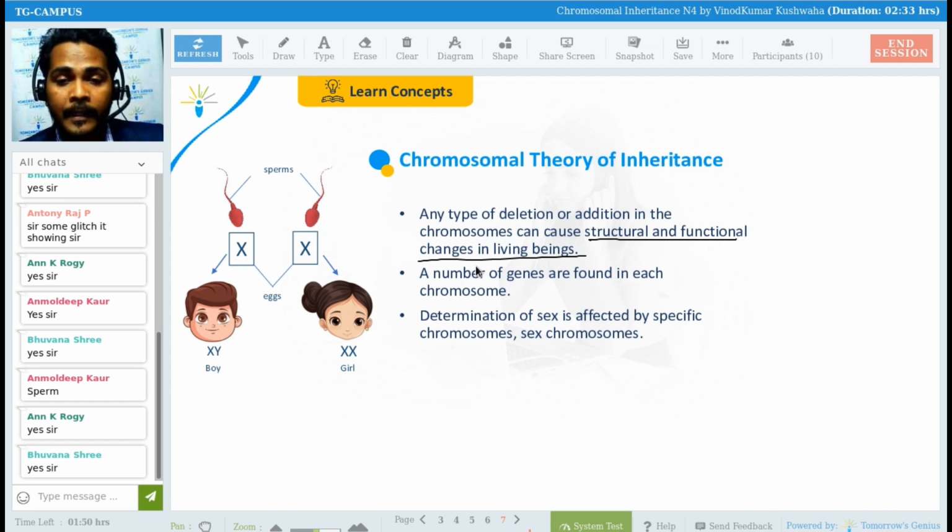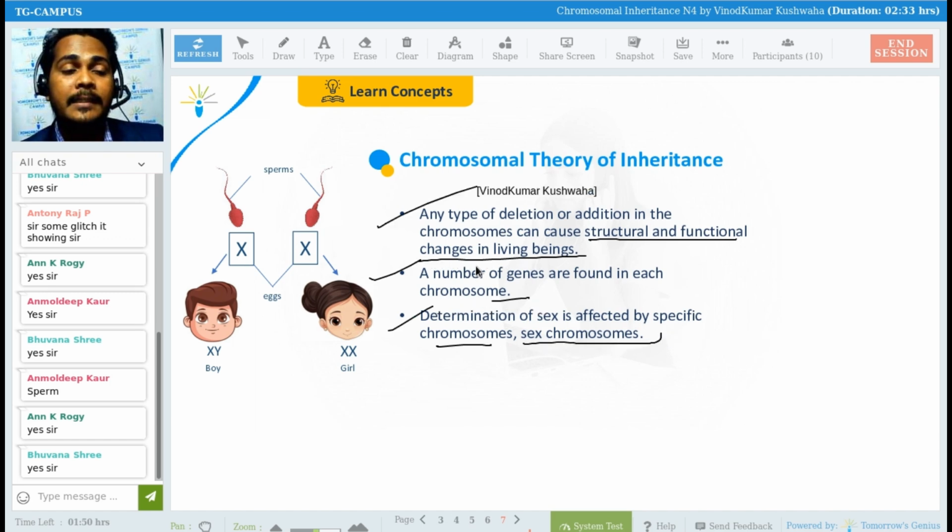So that means chromosome is responsible, right? A number of genes are found in each chromosome, and the determination of sex is affected by specific chromosomes, and that is called the sex chromosome, right? So this is all about the salient features of the chromosomal theory of inheritance.